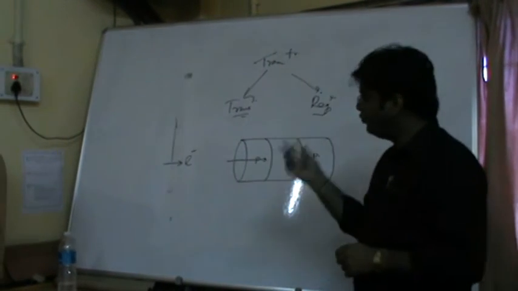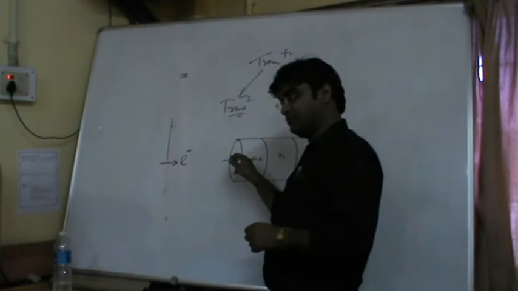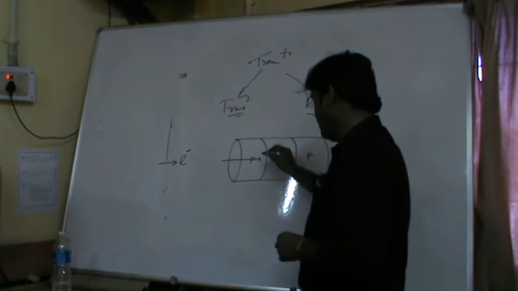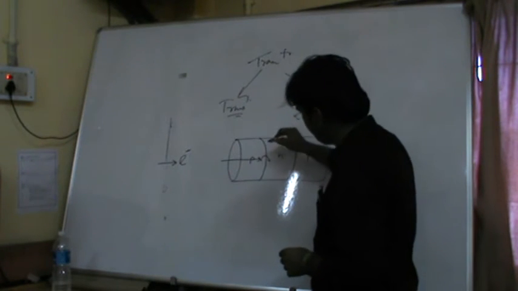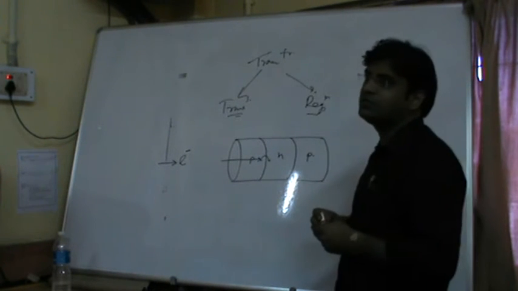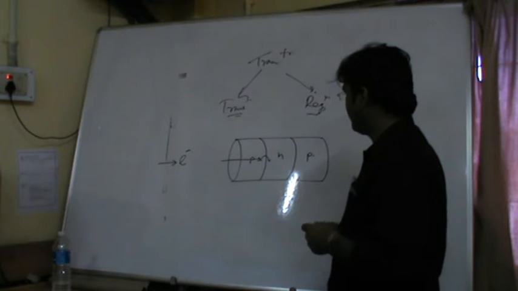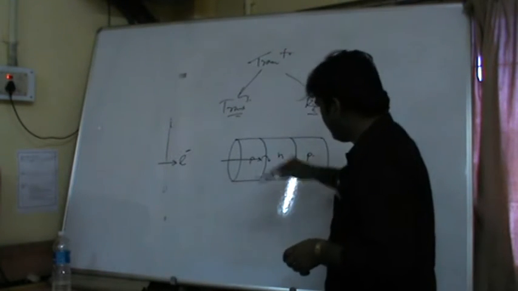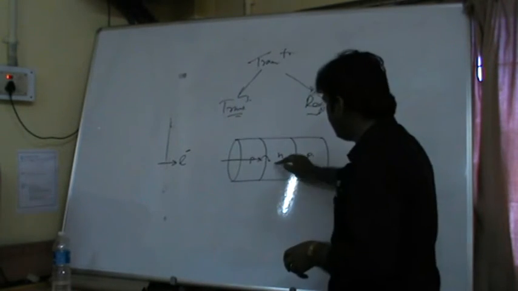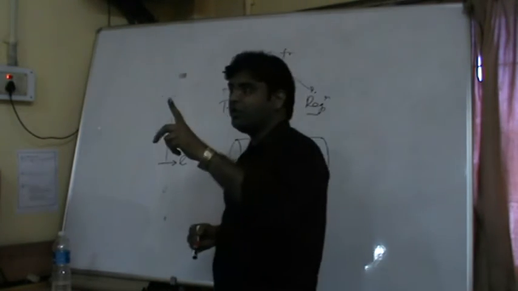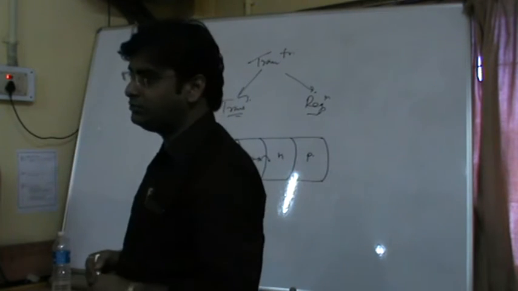We are applying the biasing force. Now here, going from this position to this position, that is P-type to N-type, how does it go through? The P-type position, you see, is attracting the electron, and in this N-type position the majority carrier is the electron.